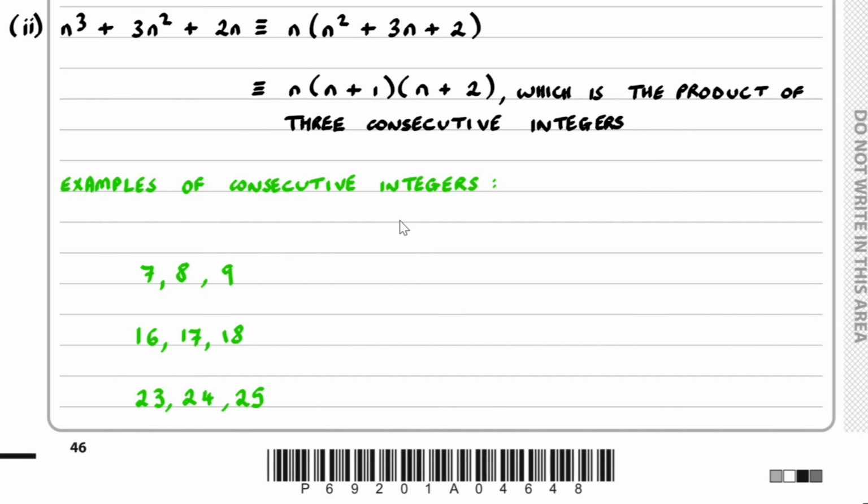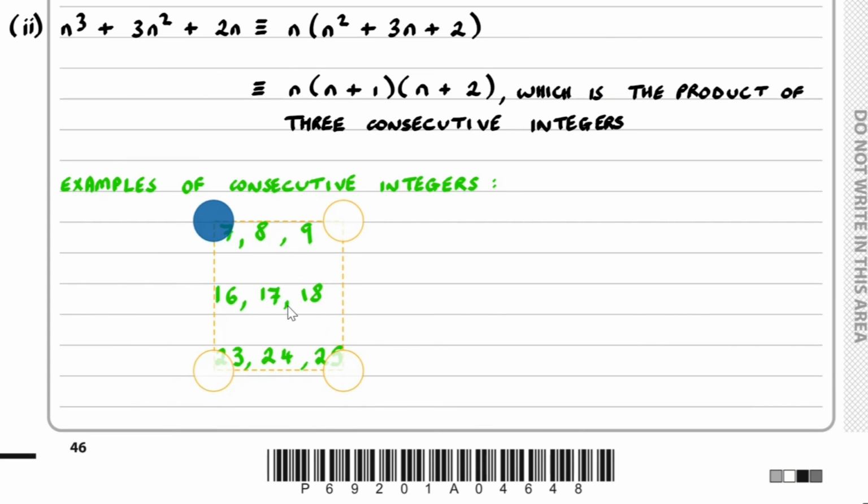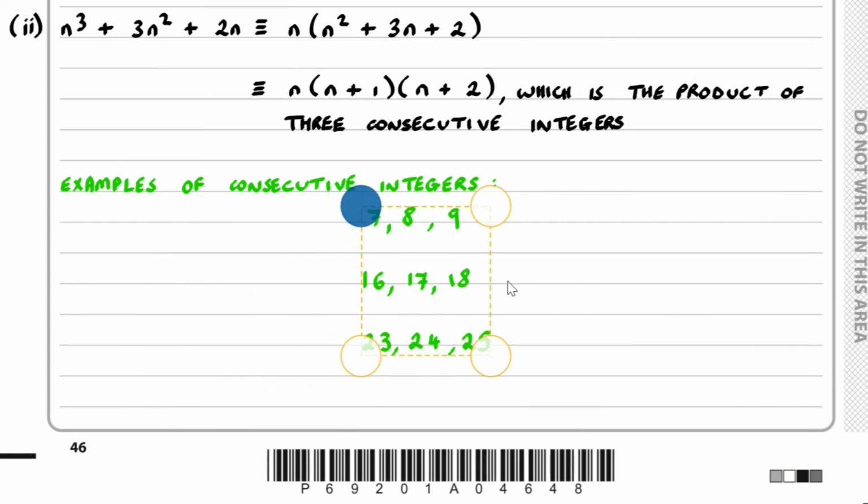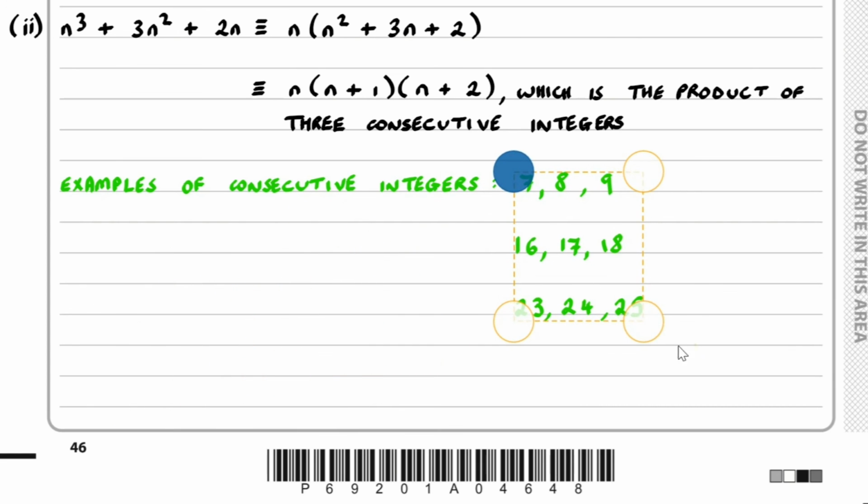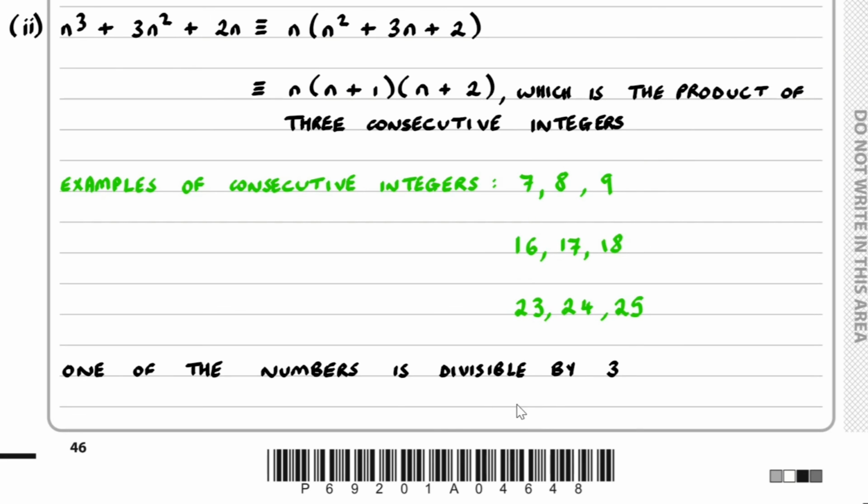What we see here are examples of consecutive integers, and what we want to show is that the product of these numbers in general will always be divisible by 6. Well, what do you notice? Hopefully you notice one of the numbers is divisible by 3.